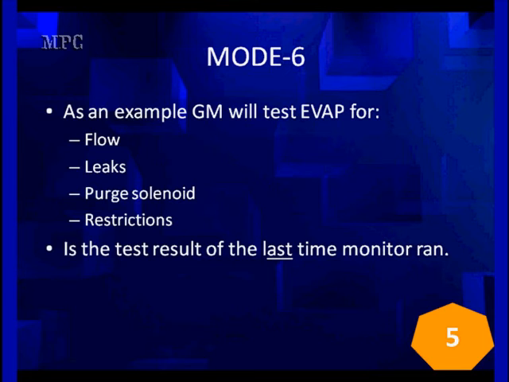Now, the last time, let's talk about that. Prior to 2001, GM, for instance, wants to see the vehicle sit at least 6 hours. That way it knows the temperature of the fuel in the tank and the amount of vaporization that will be taking place.